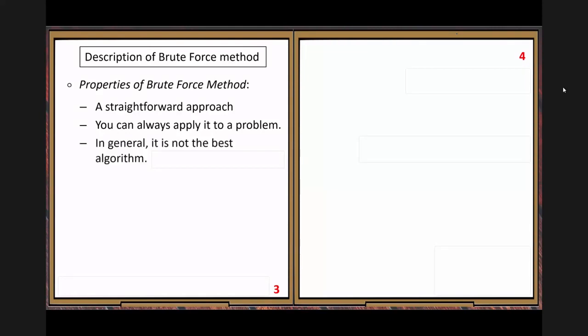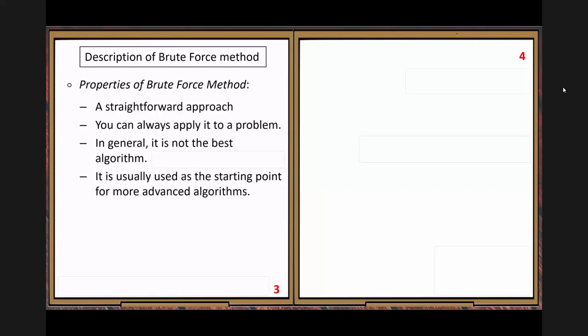Brute force, in general, is not the best algorithm. In general, you cannot expect good performance from the brute force method. It is usually used as the starting point for more advanced algorithms, because you need to understand the problem.